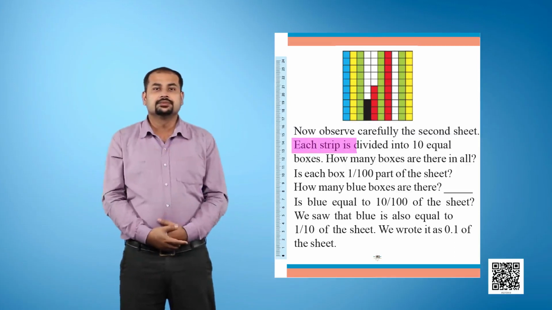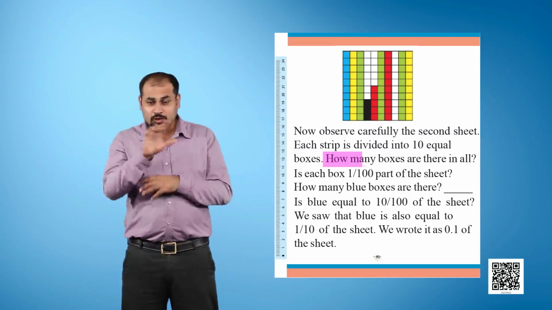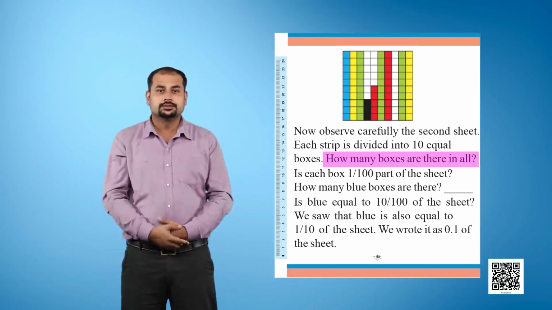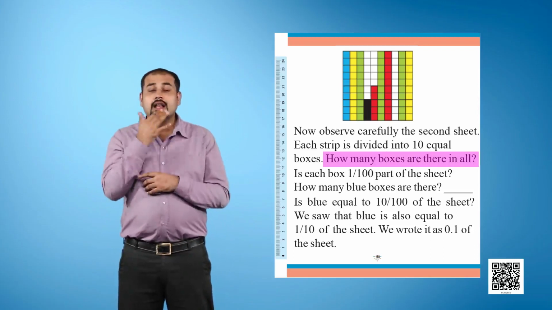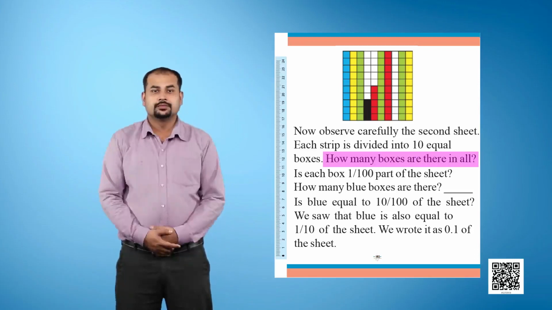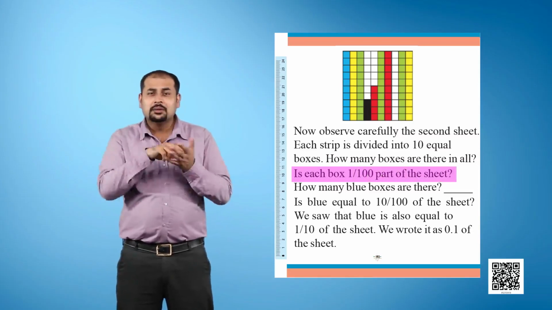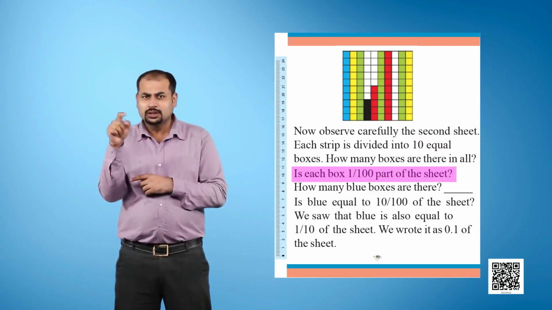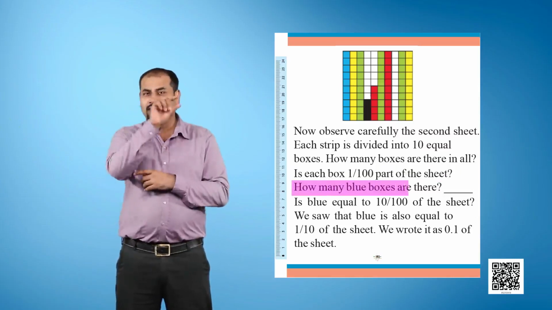Each strip is divided into 10 equal boxes. How many boxes are there in all? Is each box 1/100th part of the sheet? How many blue boxes are there?